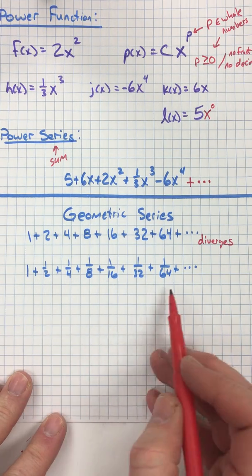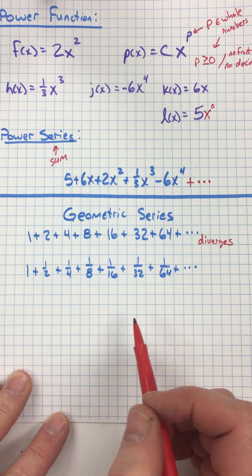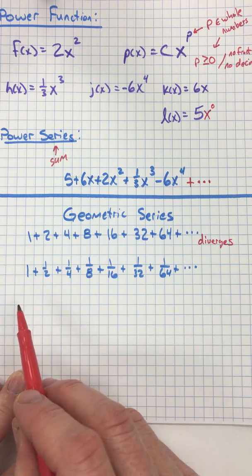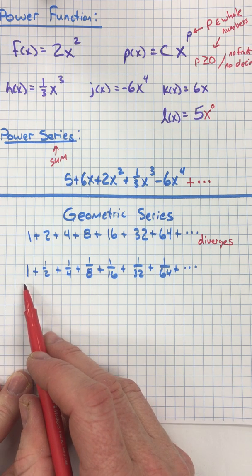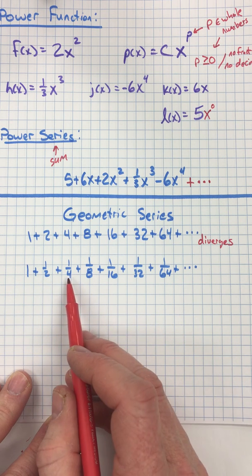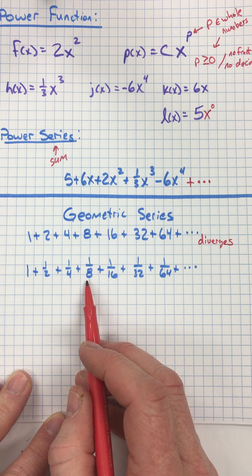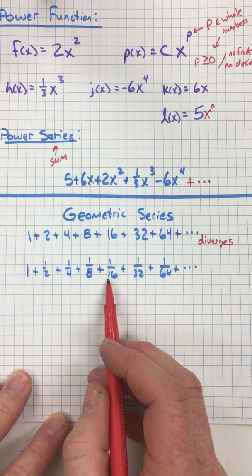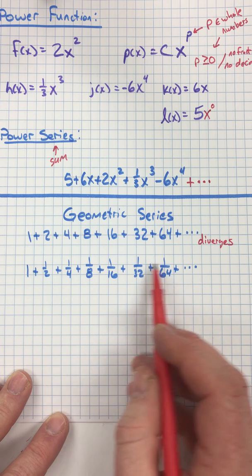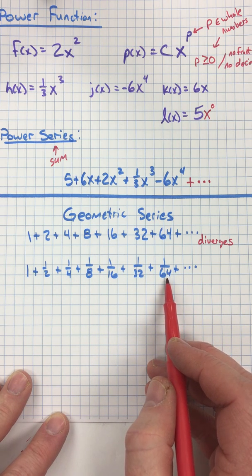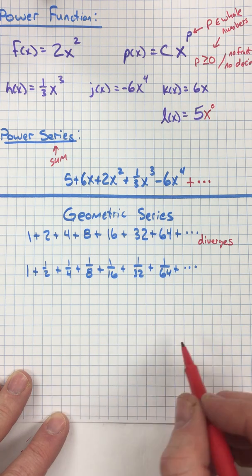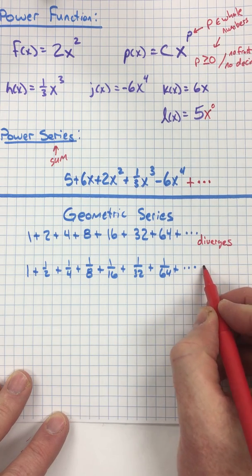But this sum, on the other hand, had the interesting property that it is moving towards a finite number. So 1 plus a half is 1 1/2, plus a quarter gives me 1 3/4, plus an eighth gives me 1 7/8, 1 15/16, 1 31/32, 1 63/64. That number is growing closer and closer to a specific value.